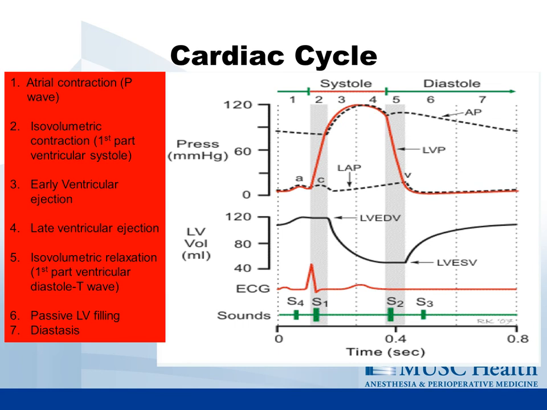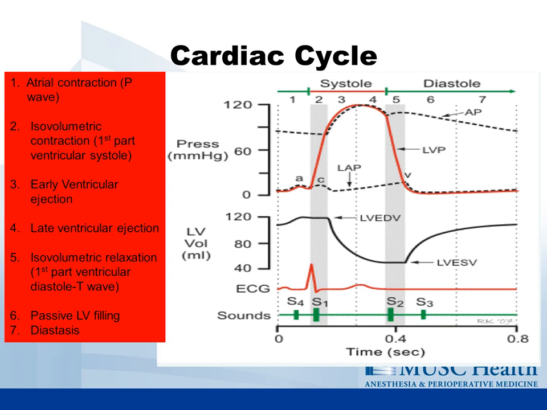It usually will start with, and remember it's a cycle, so you can pick anywhere on the wheel where you want to start it, atrial contraction, which lines up with your P wave on your EKG, right? And then you have this whole isovolumetric contraction, which is typically the first part of ventricular systole. Ejection from your ventricles has an early part and a late part. And then you get relaxation of your ventricles, which is the first part of diastole, and that usually lines up with your T wave on your EKG.